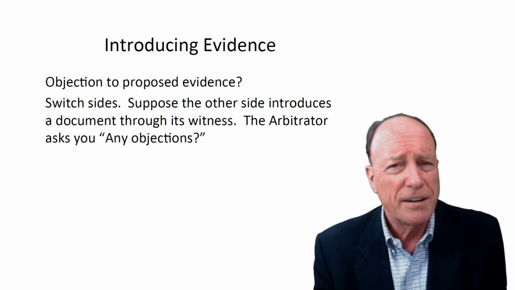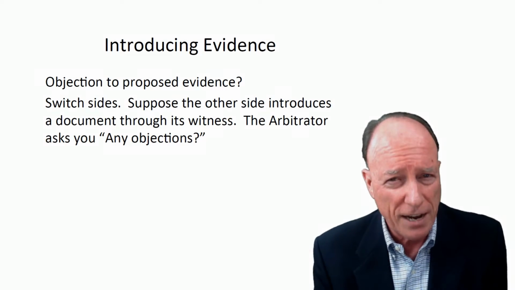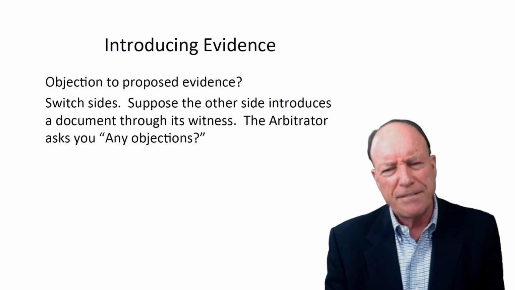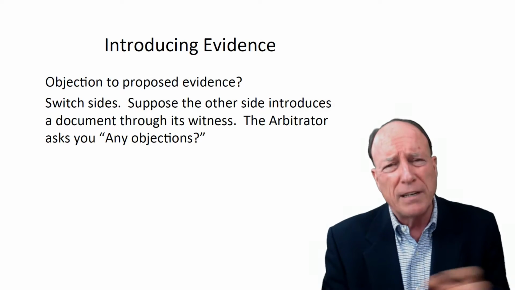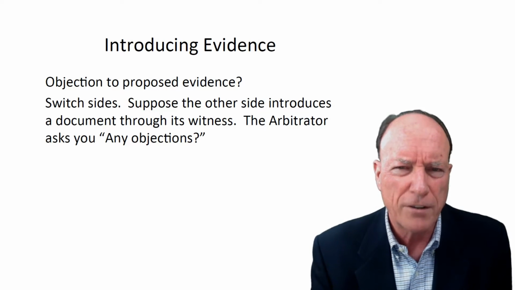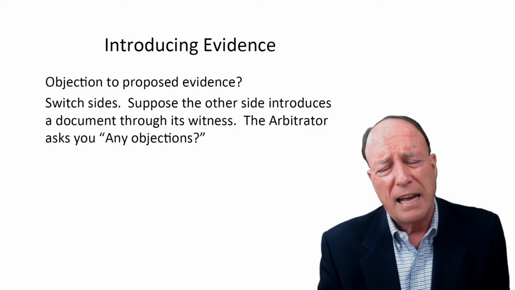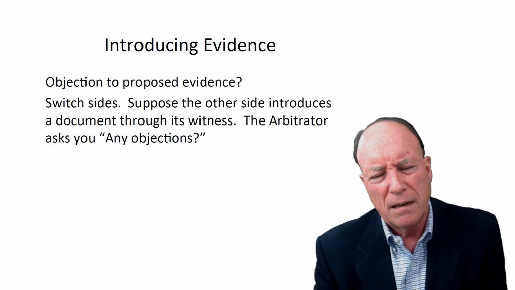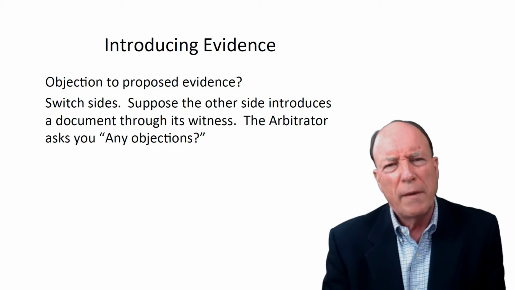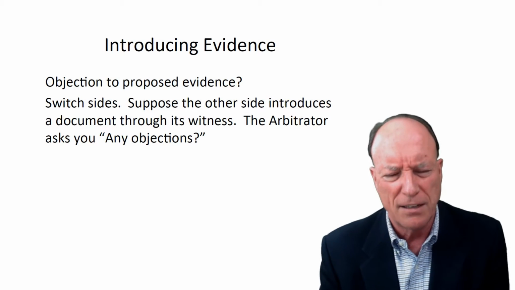Now, in the years that I've been coaching for this tournament, I've never seen a truly objectionable piece of evidence that is included in the record, the set of documents, the case record. But you may want to push ahead to confirm the authenticity of any document.